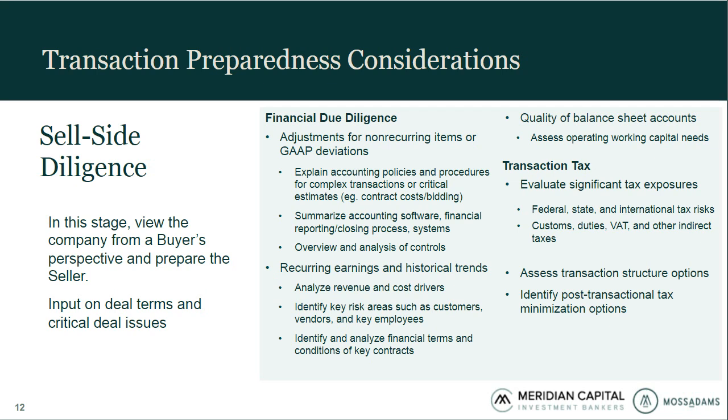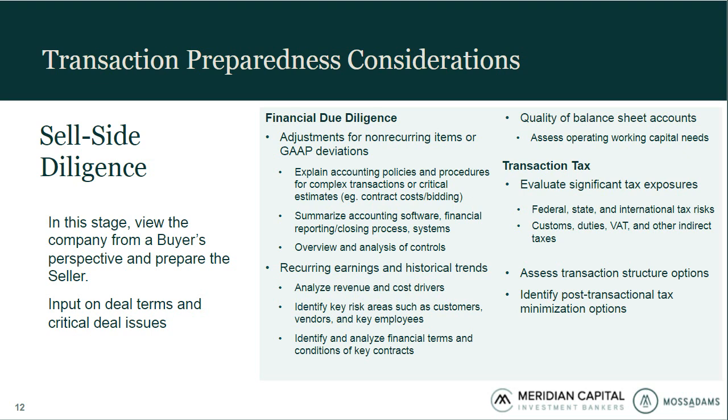But during financial due diligence on the seller side, we, first of all, help the management team in the company identify non-recurring items or gap deviations that a buyer would be interested in knowing.